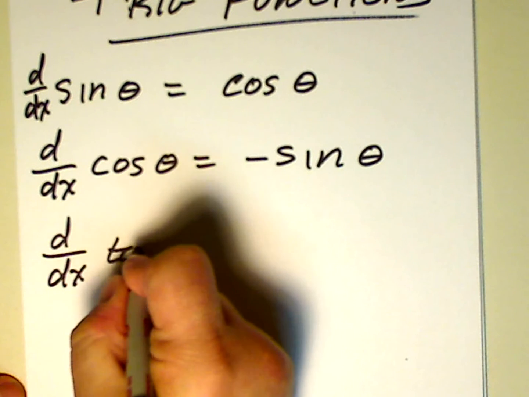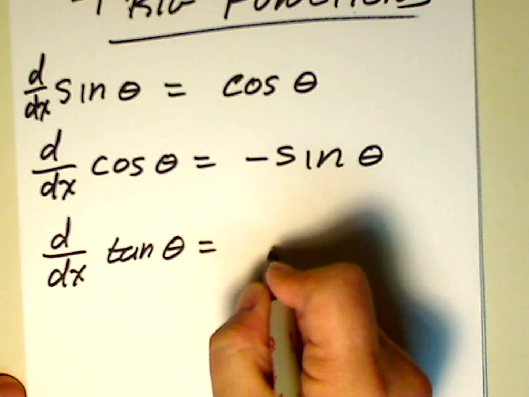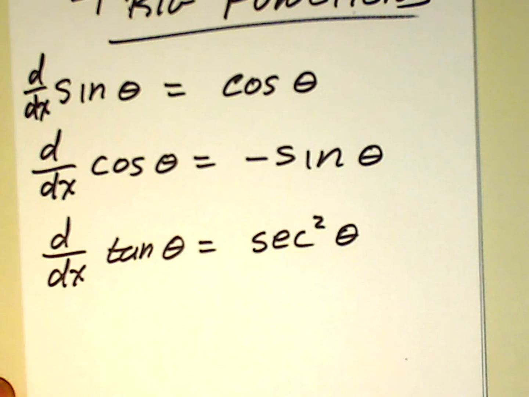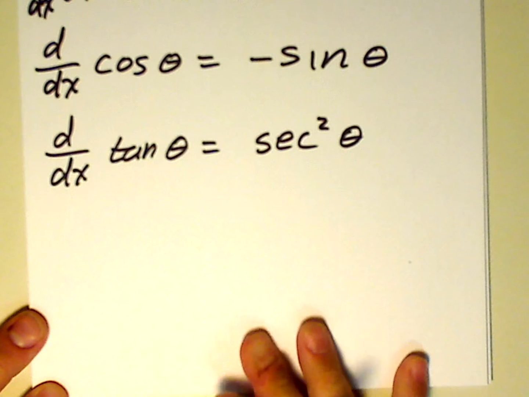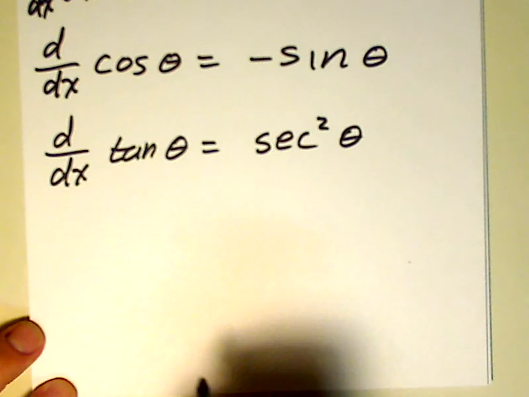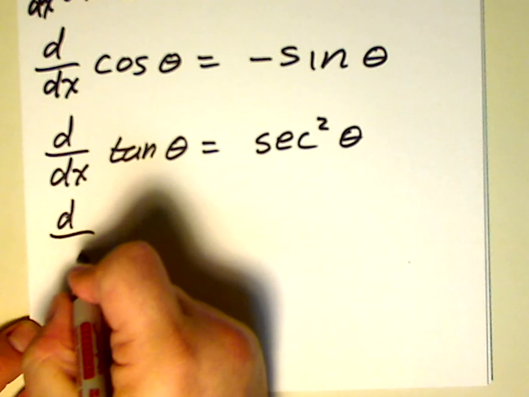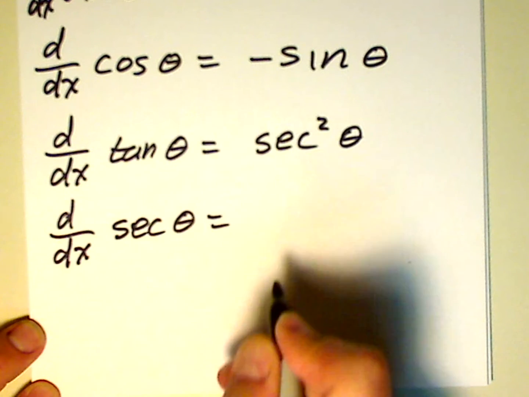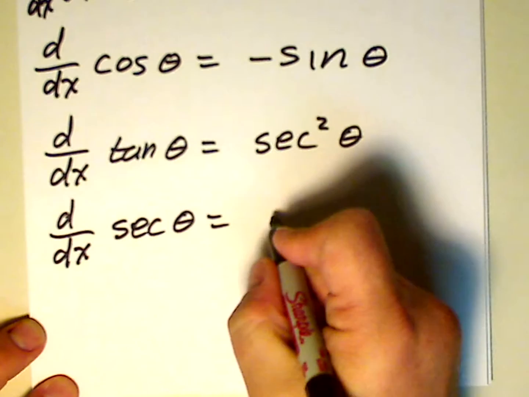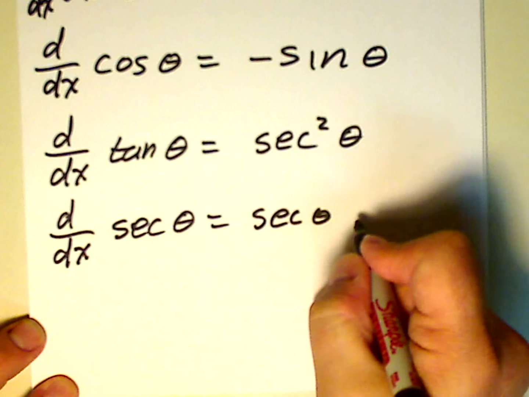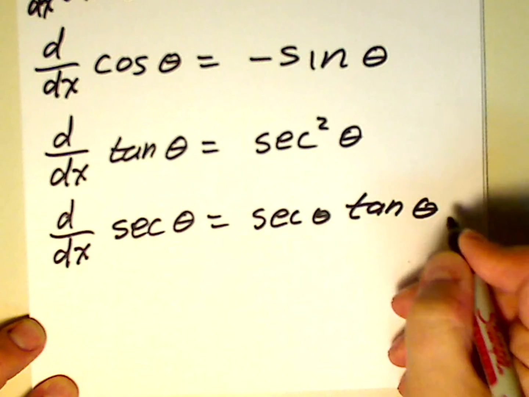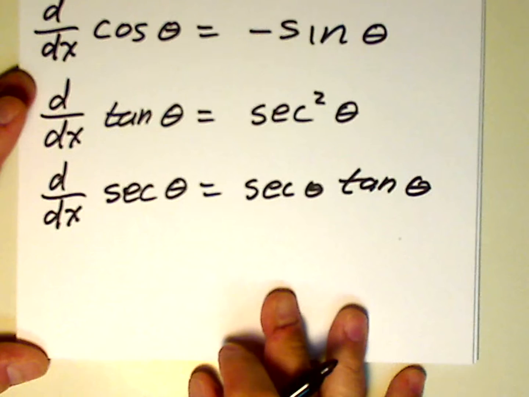The derivative of tangent theta is secant squared theta. The derivative of secant theta is secant theta tangent theta. Ooh, I'm running out of page.